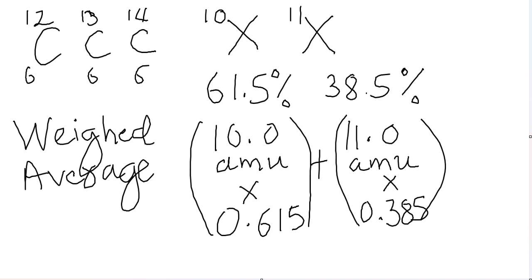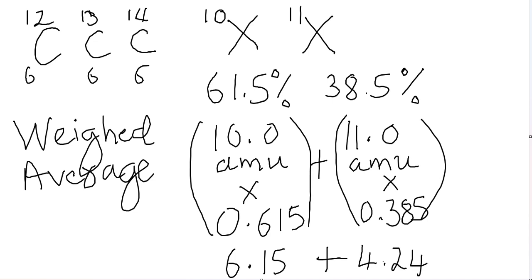Let's do that. Let me open my calculator and let's see what comes out of this. Always pay attention to sig figs, and I get 6.15 AMU for the first isotope, and for the second one to 3 sig figs I get 4.24 AMUs.